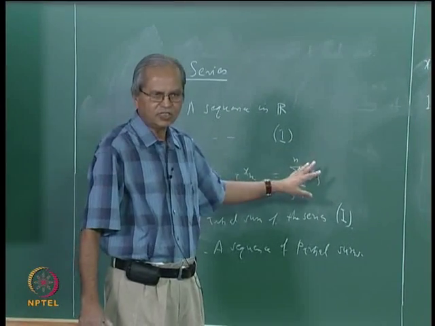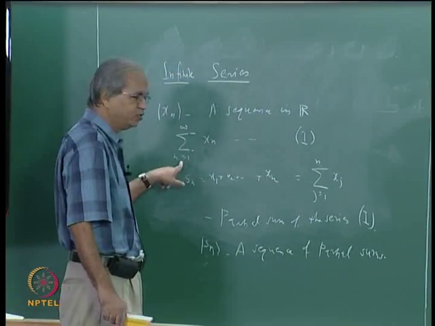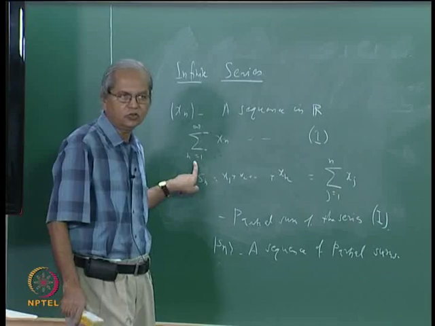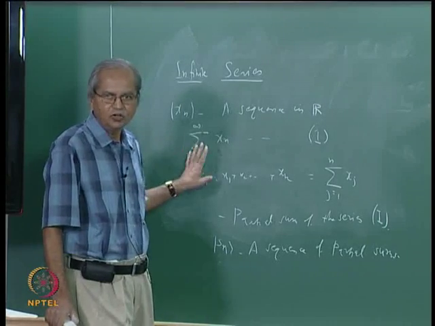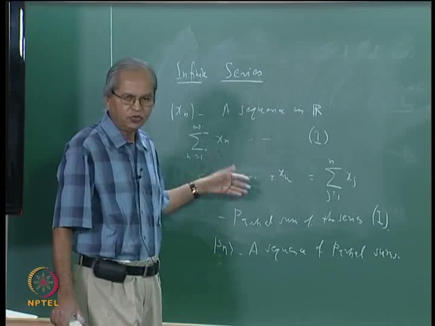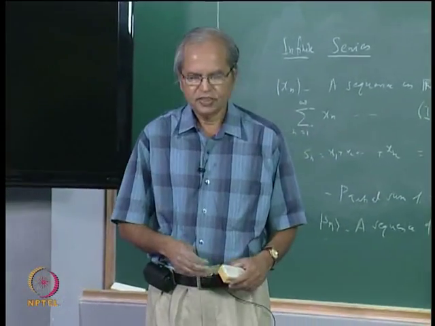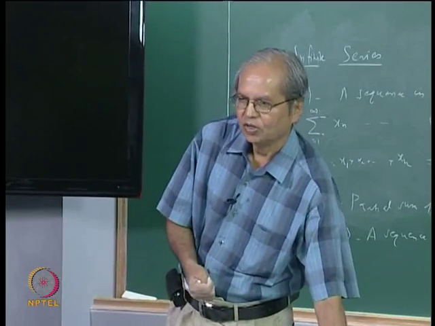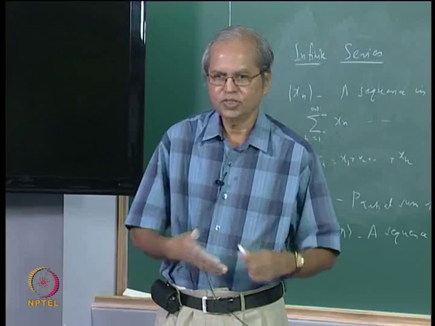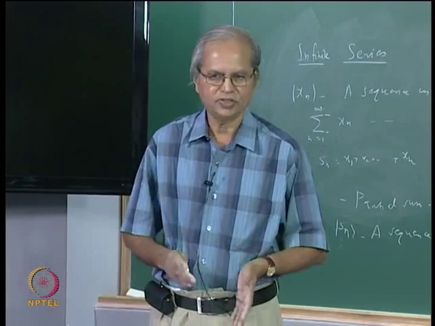The sum will depend on where you start, but whether the series converges or diverges will not depend on the starting point or on whether you take away a few terms. So either adding or removing a finite number of terms to a series does not alter its behavior as far as the convergence is concerned.